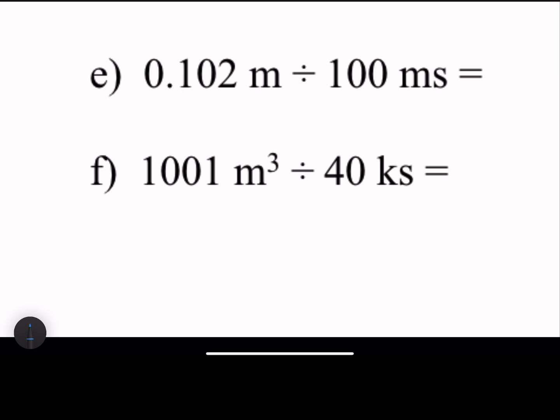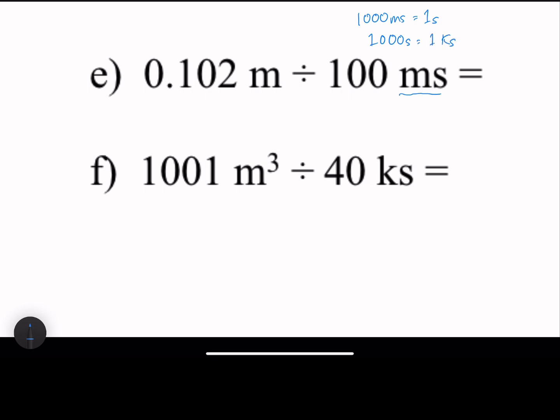Now for these questions that are a little bit trickier, we have some conversions that we need to make. It doesn't actually say what units they want us to do it in, but let's say I want to get this into meters per second. Well, here I have it in milliseconds. One thing we're going to keep note of is that there's 1,000 milliseconds in 1 second, and then there's 1,000 seconds in a kilosecond.